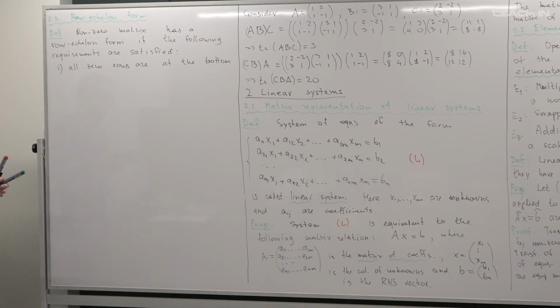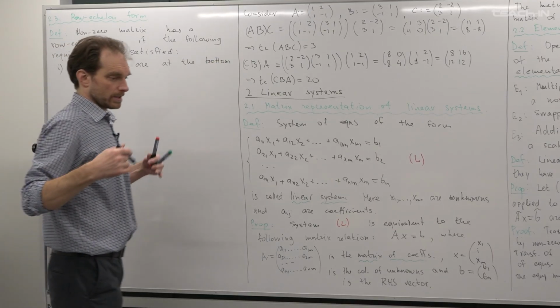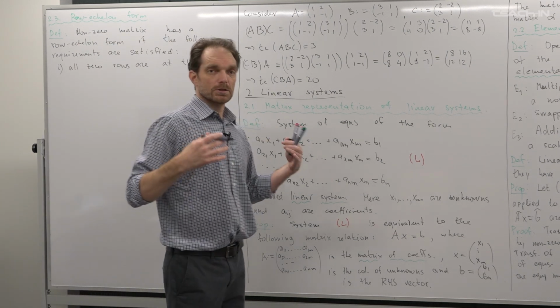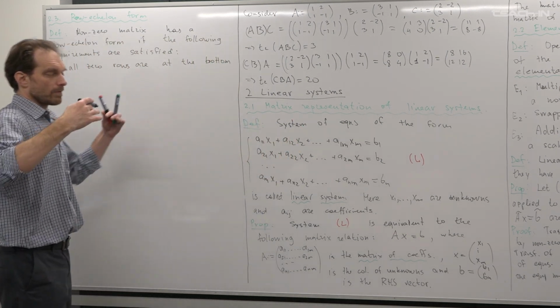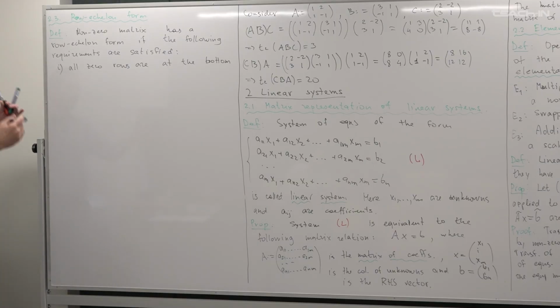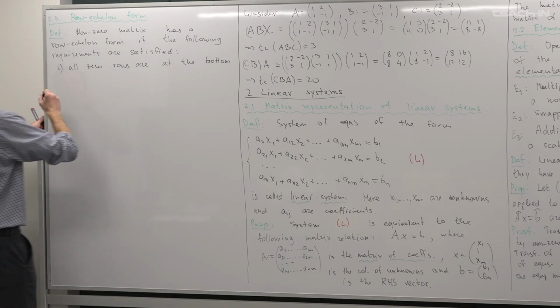So this means that if there is a 0 row, a non-zero row should be above every 0 row. So every non-zero row should be above a 0 row.